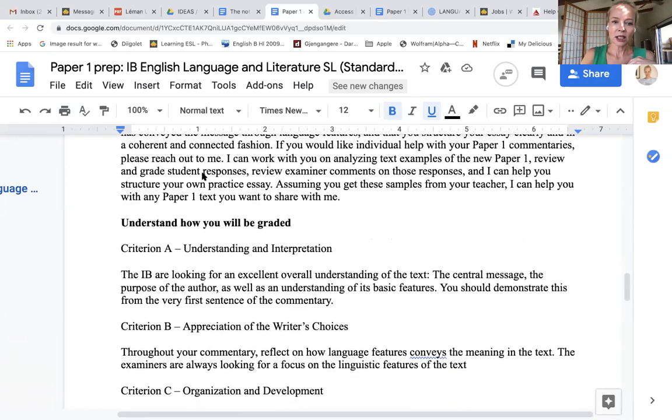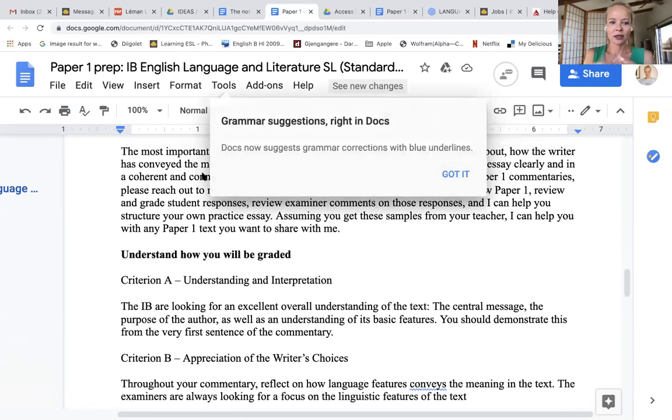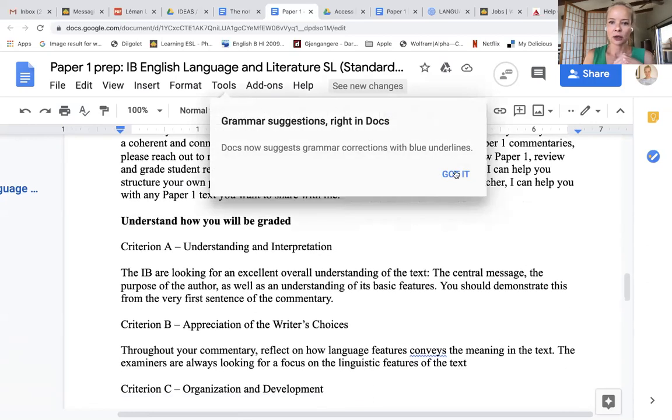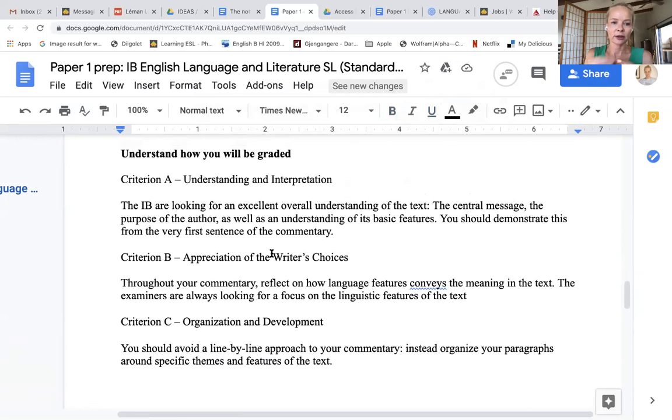So, okay. Finally, understand how you are graded. So criterion A, understanding and interpretation. So basically what the IB is looking for there is, did you understand the central message in the text? Do you get the gist of the text?